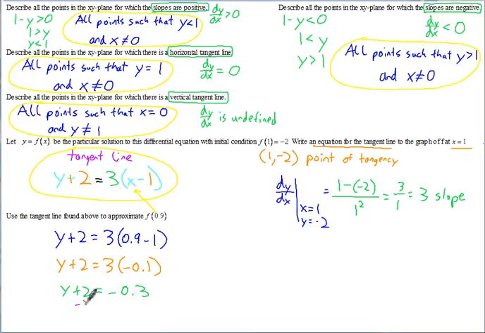If you just subtract the 2, y equals negative 0.3 minus 2, which is negative 2.3. So that's our approximation, the y value on the tangent line, so f of 0.9 is approximately equal to negative 2.3.